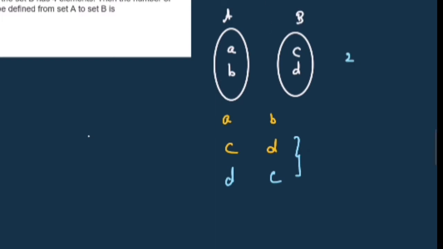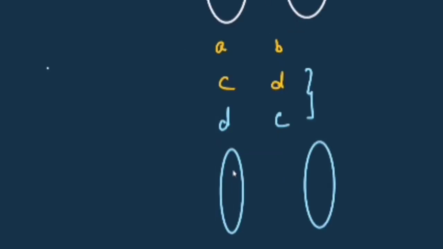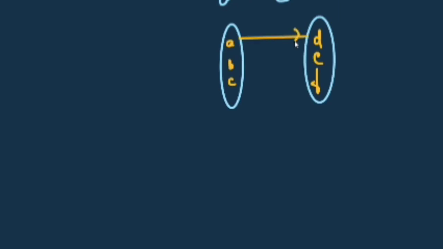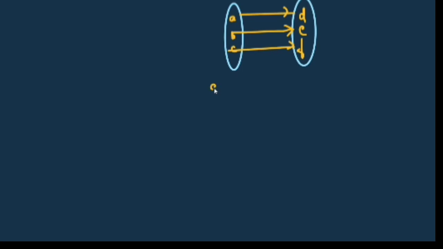Now suppose I take 3 elements, A, B, C, and here D, E, F. How many possibilities are there? One possibility is A to D, B to E, C to F. The next is you have to permute this, that means you have to find all the possible arrangements.